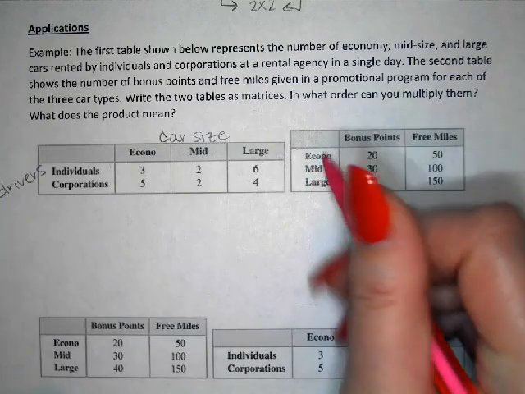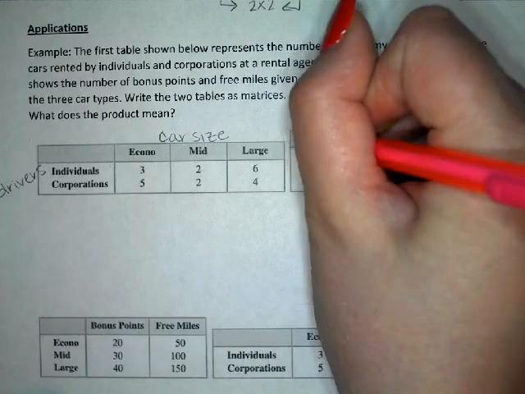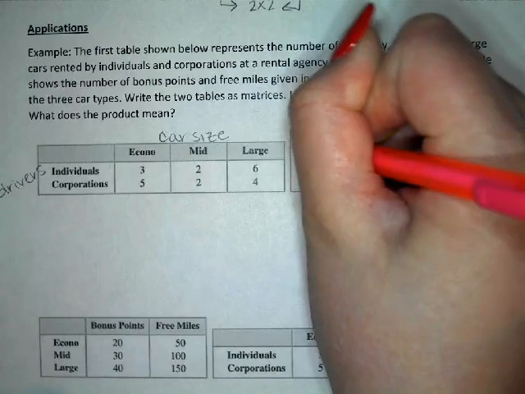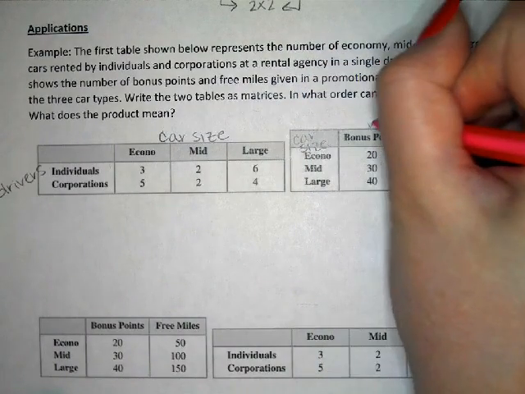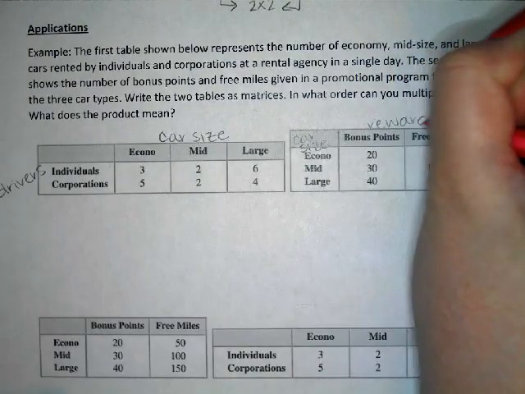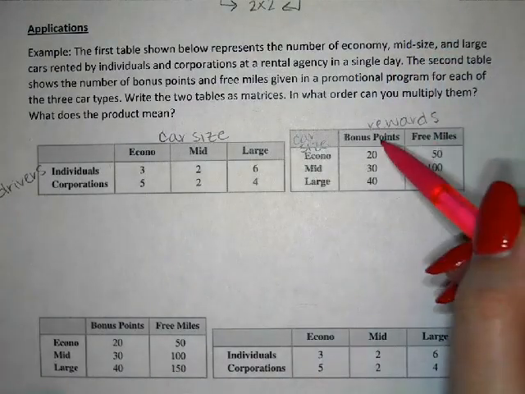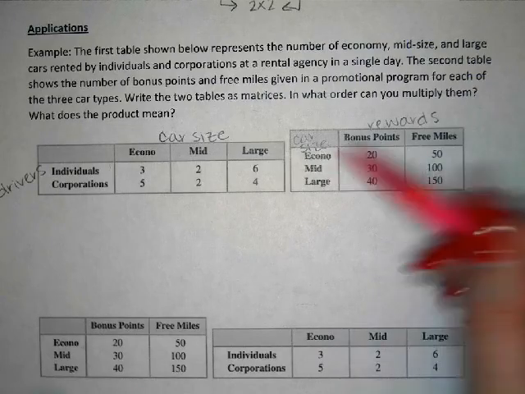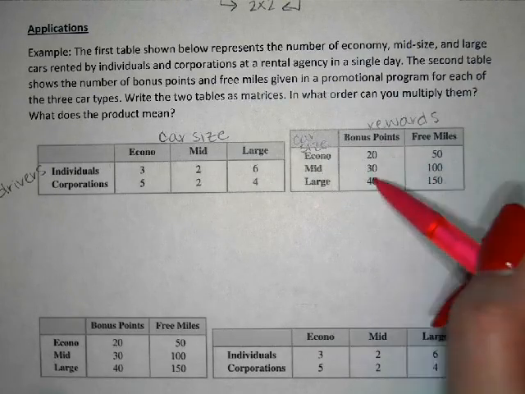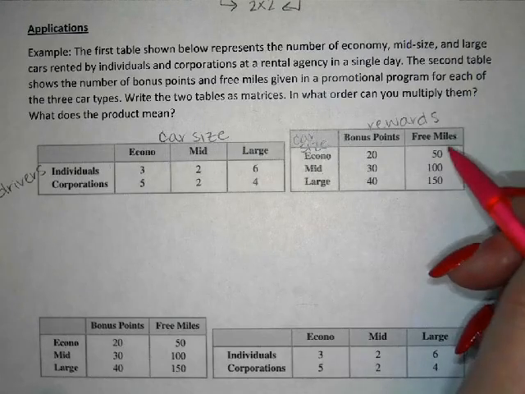So again, we've got car size. And over here, these are the rewards. So bonus points, the number of bonus points that were given away that day for econo cars, mid-size cars, large cars, and then the number of free miles given away for each of those.